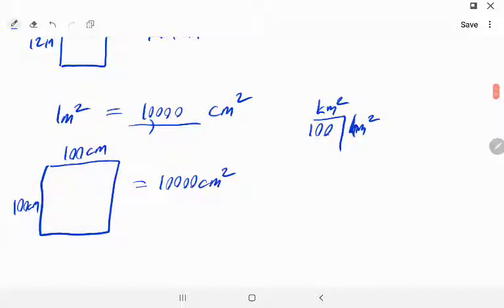Then to get to square decameters, we multiply by 100. To get to square meters, multiply by 100, and so on. Whether it's worth memorizing that or not is open to interpretation.